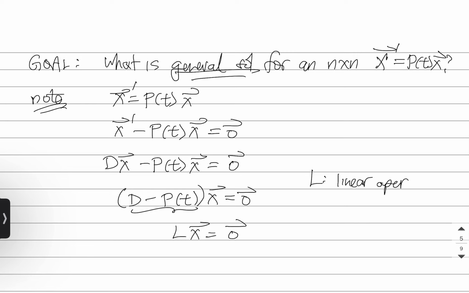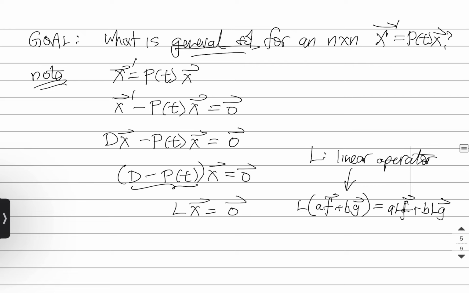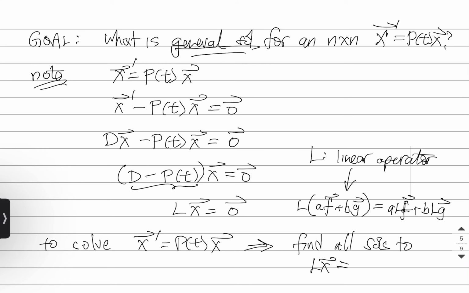Now, because it's linear, it satisfies linearity, which means that if I were to put in two functions or two vectors, I could separate it out like this, which is really handy, as you're going to see in a moment. So to solve this system that we've been talking about is the same as saying find all solutions to this Lx equals 0.